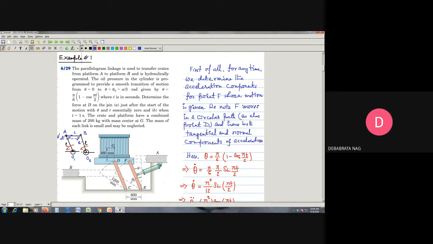So the oil pressure inside the cylinder is programmed to provide a smooth transition of motion from theta equal to 0.